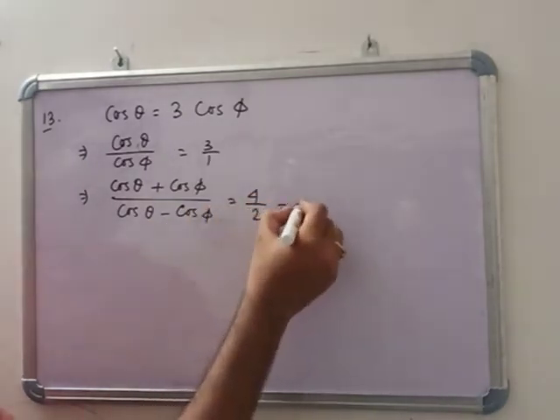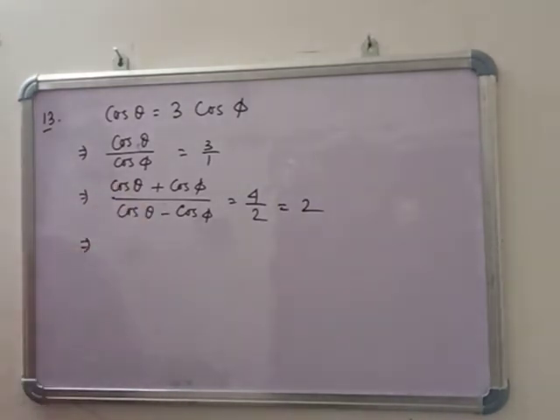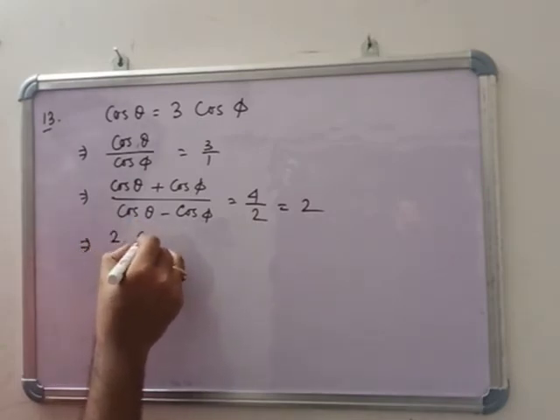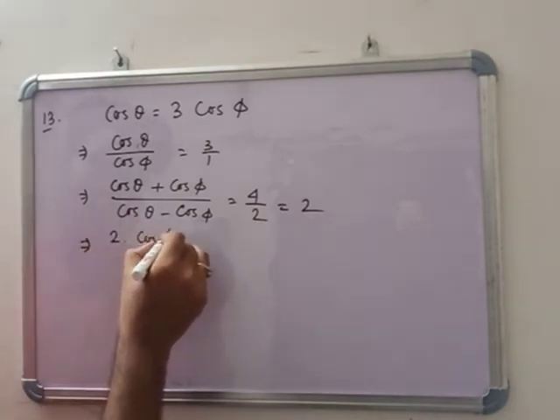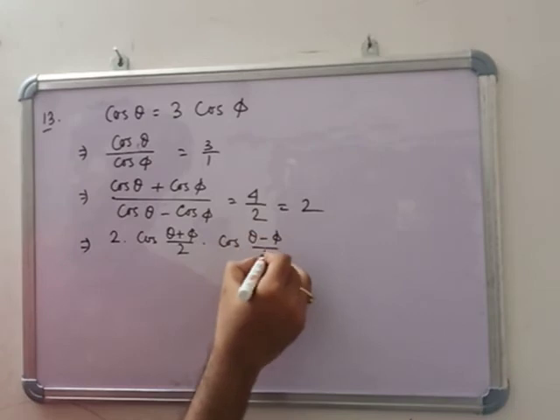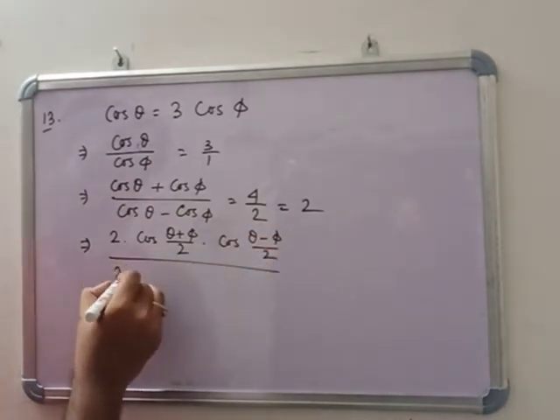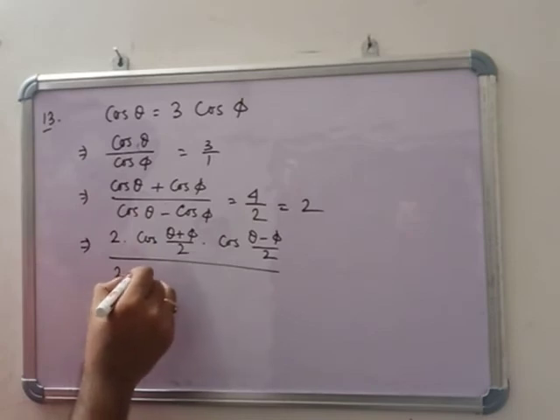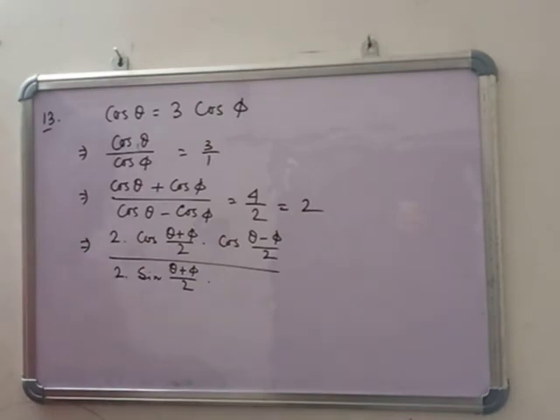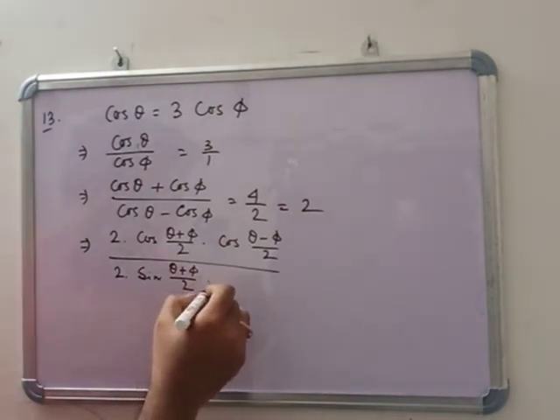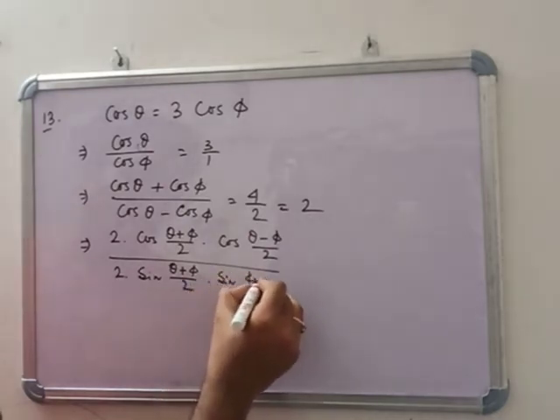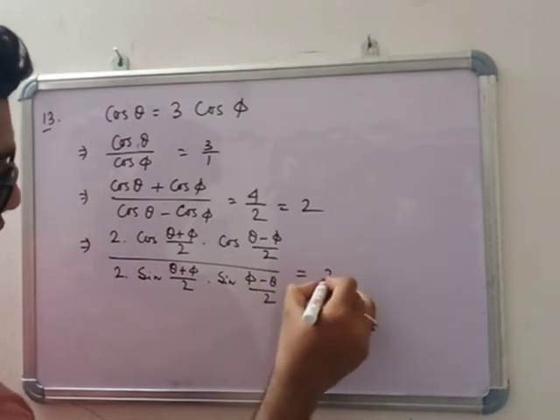That means 2. Okay. So cos C plus cos D, that means 2 cos C plus D by 2 cos C minus D by 2 by 2 sin C plus D by 2 into sin phi minus theta by 2 equals to 2. Okay.